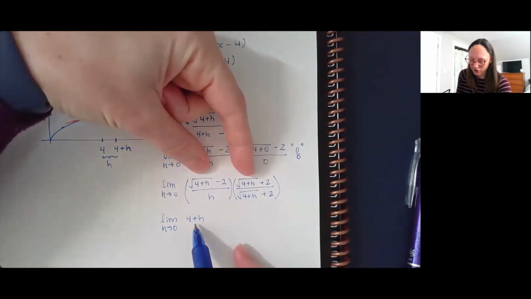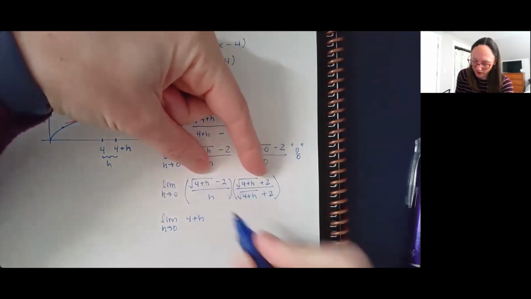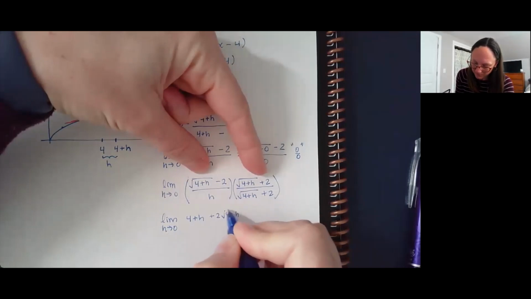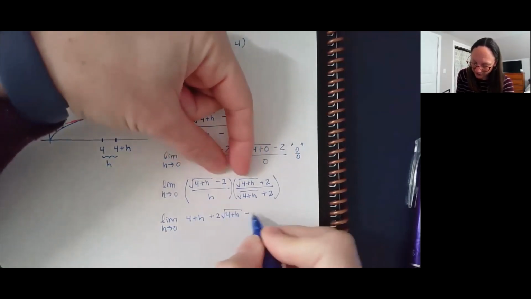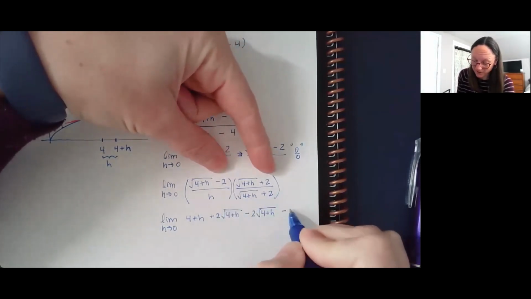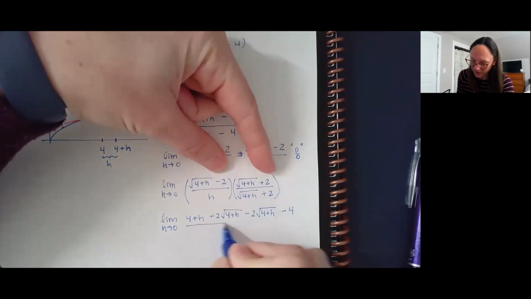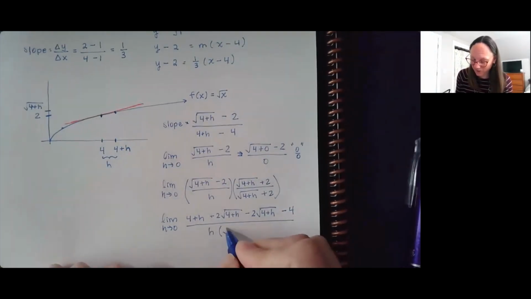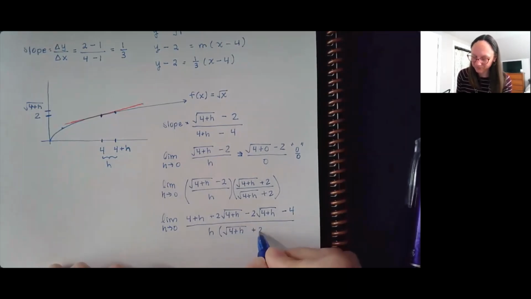That's what gave me the 4 plus h. I'll have a positive 2 times the square root of 4 plus h. And then a negative 2 times the square root of 4 plus h. And then negative 2 times positive 2 is going to give me a negative 4. And on the bottom, I'm just going to leave this as h times, and then we'll leave the rest of this in parentheses. Square root of 4 plus h plus 2.